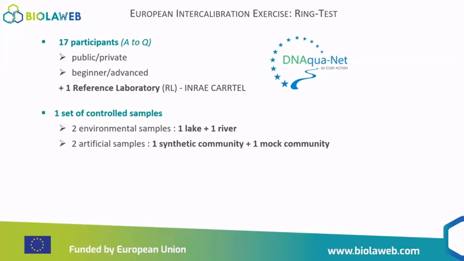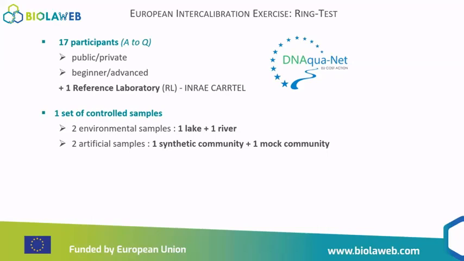One was a synthetic community. We asked a company to synthesize the barcode for different species. So we had the exact barcode of the species because it was a molecule that has been synthesized. And we had a mix of different species that has their synthesized barcode.